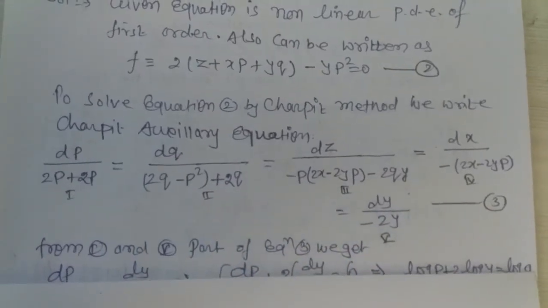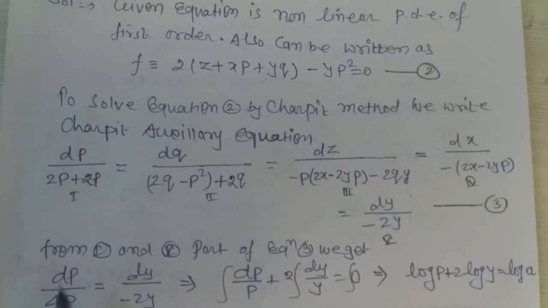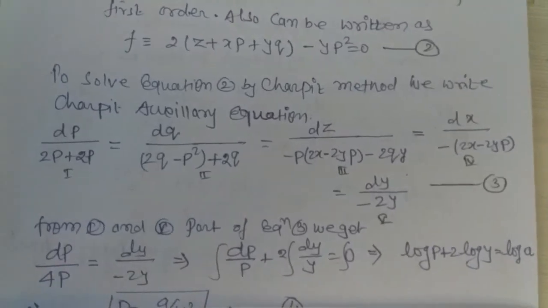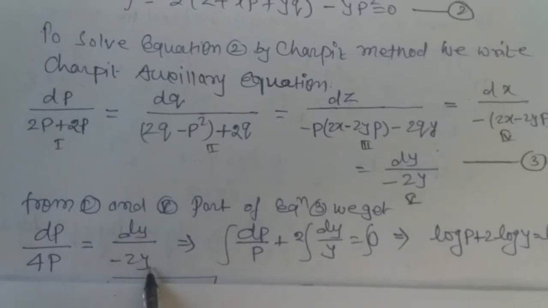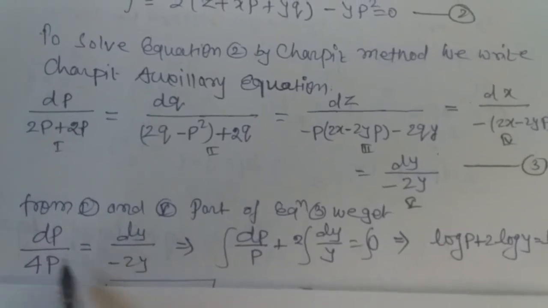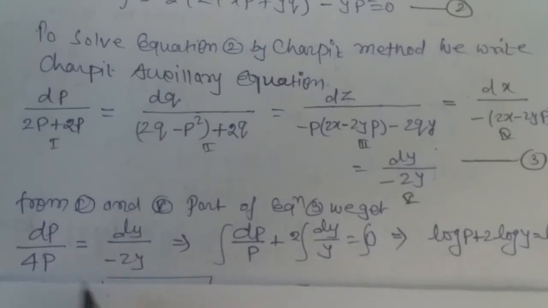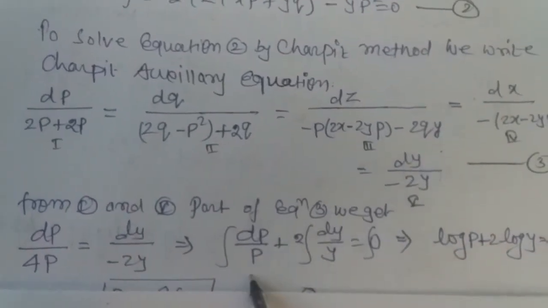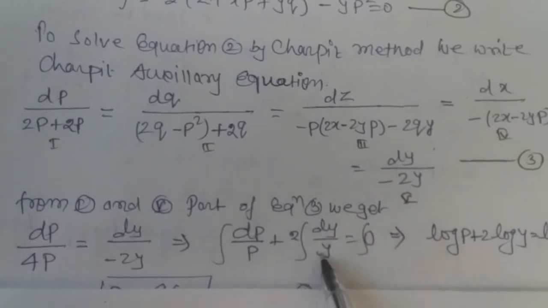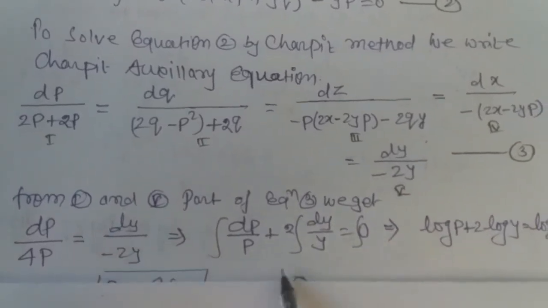So we take the first and fifth parts, we get dp upon 4p equal to dy upon minus 2y. So 2, 4 cancel, 2 transfers to the right hand side, and finally we get dp by p plus 2 times dy by y equal to 0.